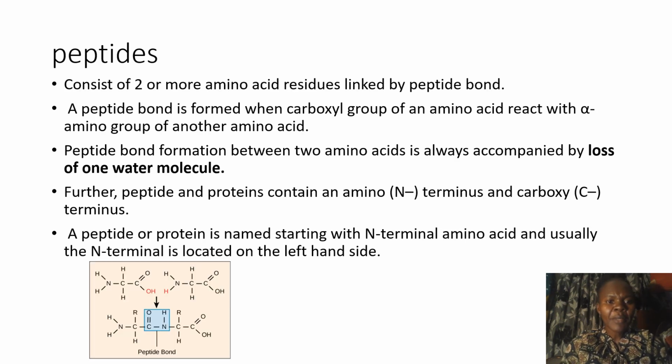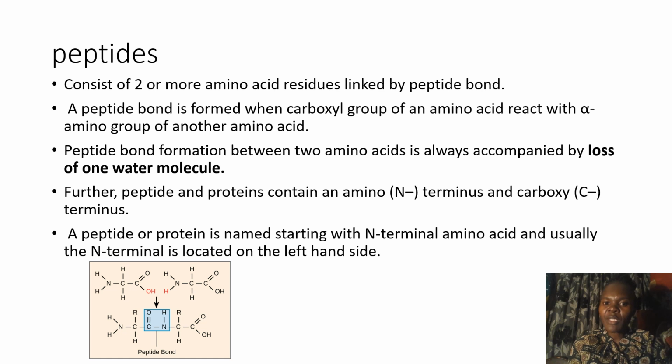A peptide consists of 2 or more amino acid residues linked by peptide bonds. It forms when the carboxyl group of one amino acid reacts with the amino group of the other amino acid, and at that point the 2 amino acids are combined from the carboxyl and the amino terminal ends, forming a peptide bond. A water molecule is released.